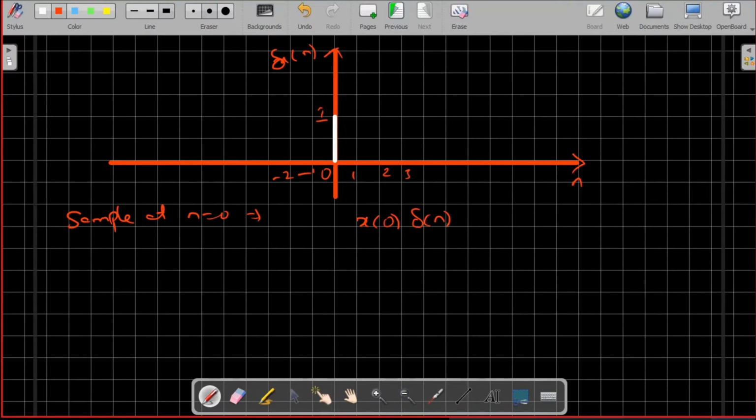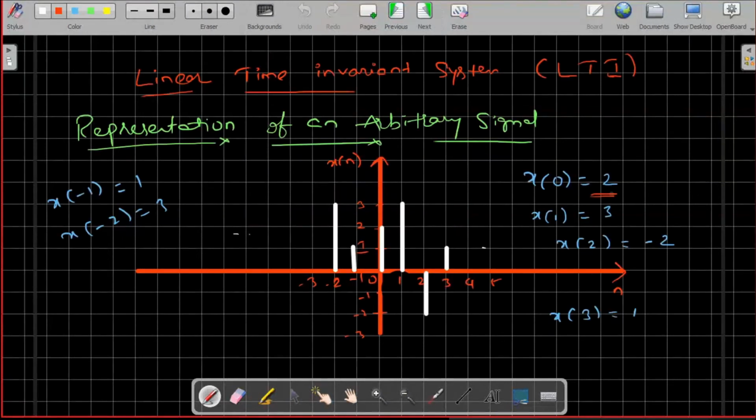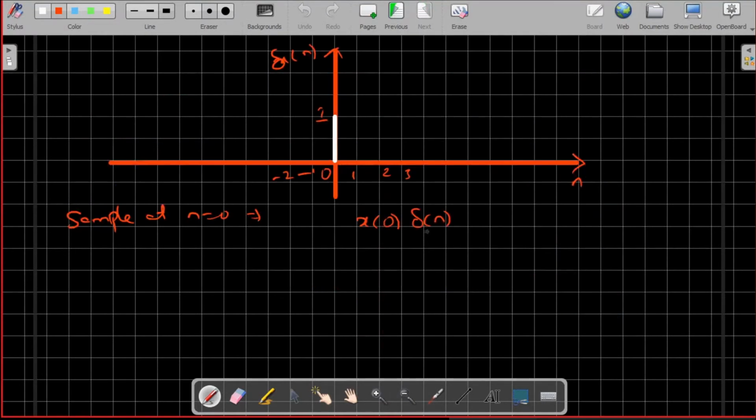Okay. So what is x of 0 into del of n? What is the x of 0 value? 2 into del of n is simply 2, having the amplitude 1 at n is equal to 0.